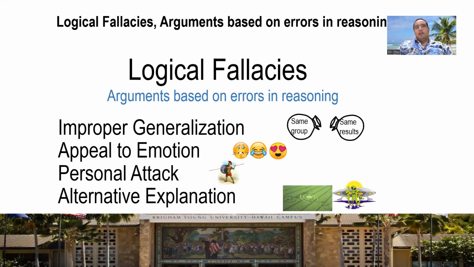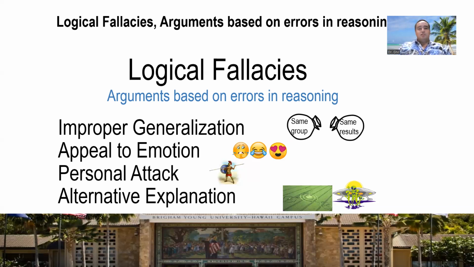That's when you say that if it happens to one person, it must happen to everybody else. So if you see something like, oh, there was an Alaskan and he was hot. He couldn't stand the temperature here. Therefore, if you make this idea that any Alaskan can't survive in Hawaii because it's too hot for them, that would be an improper generalization.